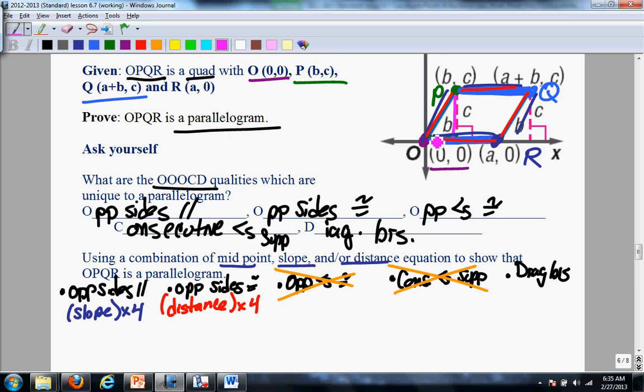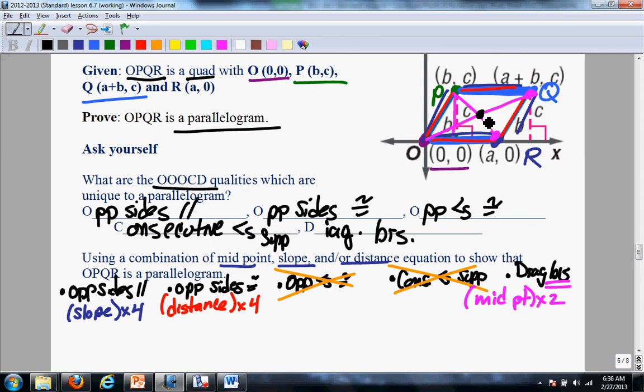Now, the diagonals bisecting, I'm going to draw on the diagonals. Bisect is an issue of midpoint. And since you only have 2 diagonals, we could use the midpoint equation, and we only need to use it 2 times. So I could either do slope equation on all 4 sides, distance equation on all 4 sides, or show the diagonals bisect, which means they go through each other's midpoint, and then I only have to do it twice.